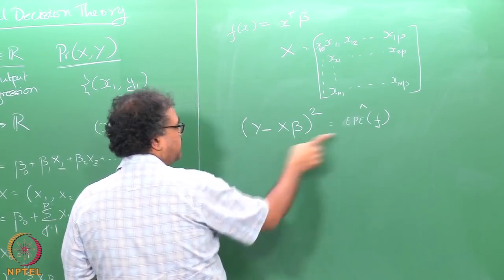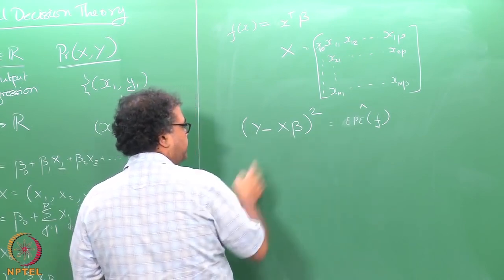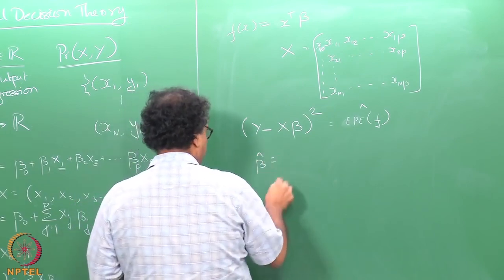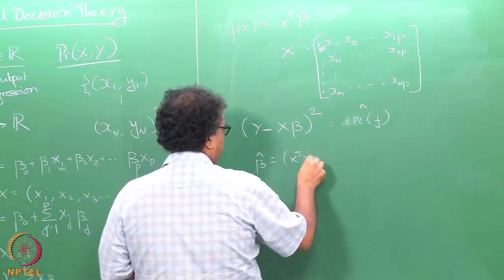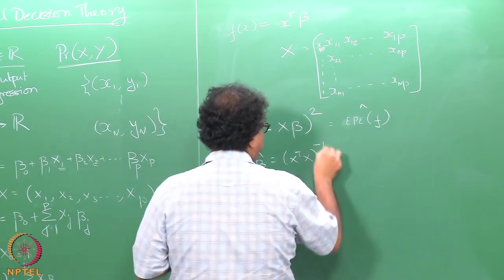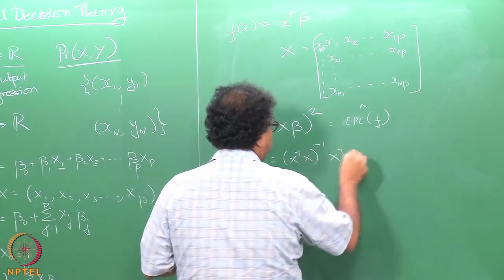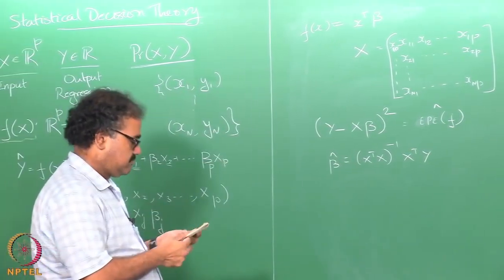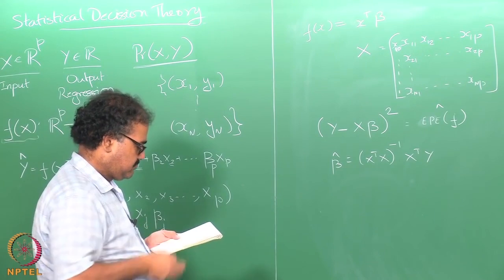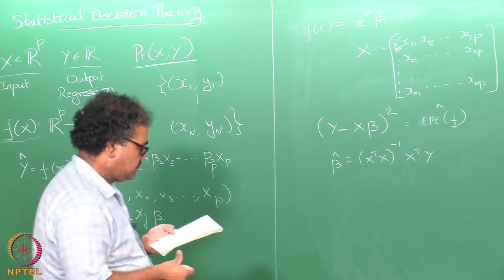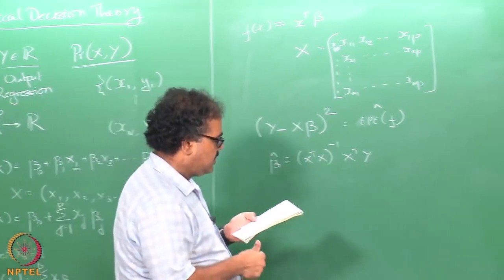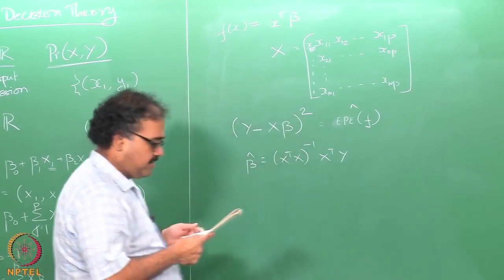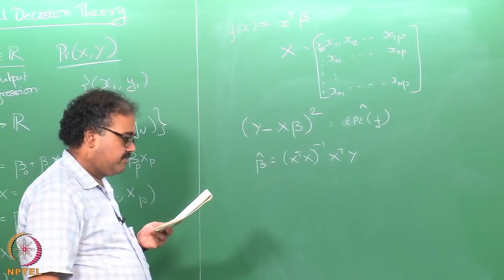Take the differential of this, equate it to 0, simplify for beta. So, I am going to get beta hat equal to this. This is primarily because of the square here, so you are going to get this as your simplified expression.